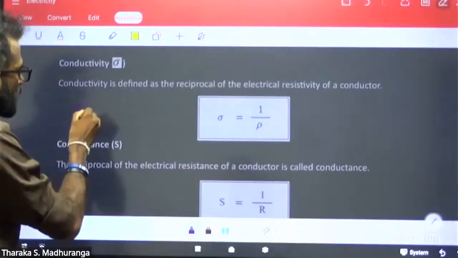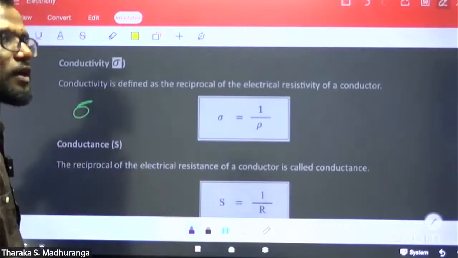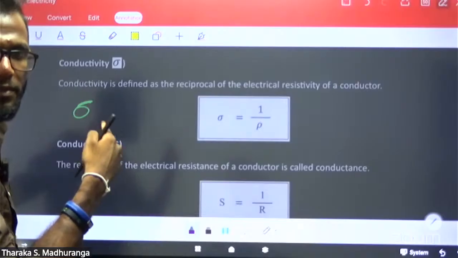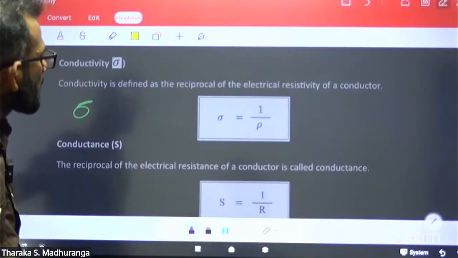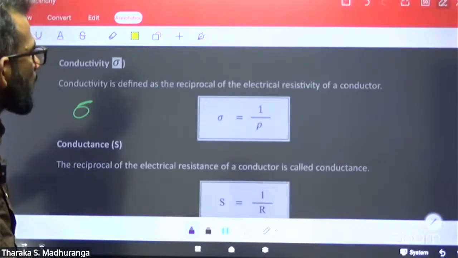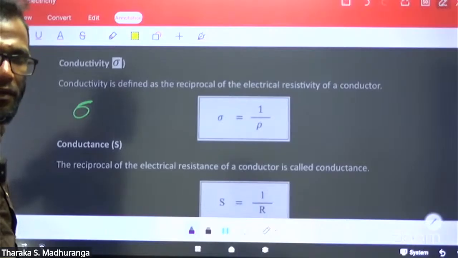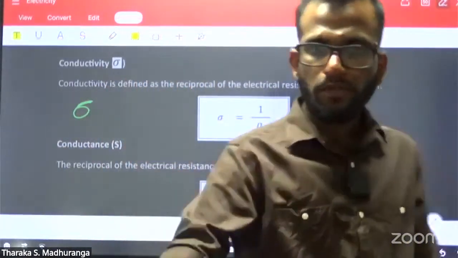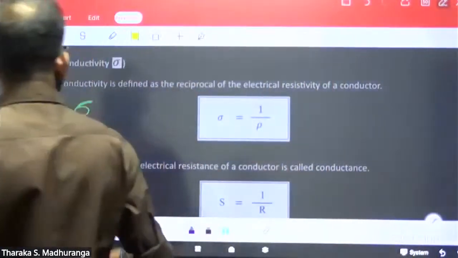Therefore, not rho, but the symbol, I can't remember the name. Let me remember and tell you. What's the name? Sigma, yes.